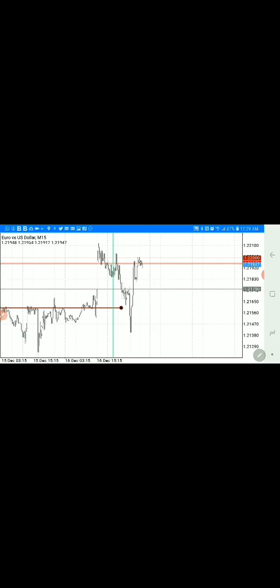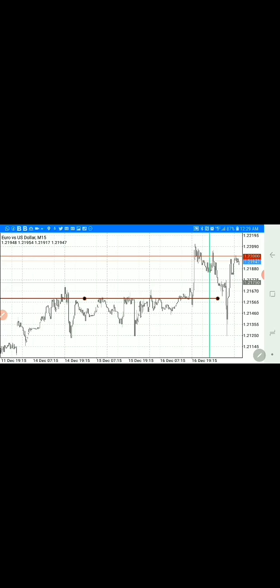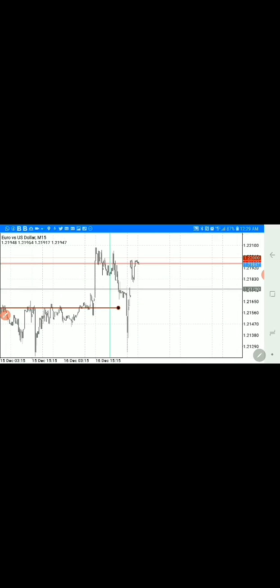That's where they go to. So smart traders or institutional traders ride the trend down there. So the market, Euro-USD, is likely to go down to clear up this liquidity just below these lows, just below those lows.